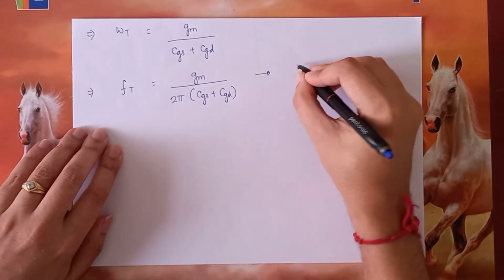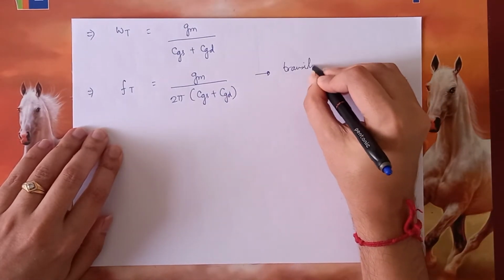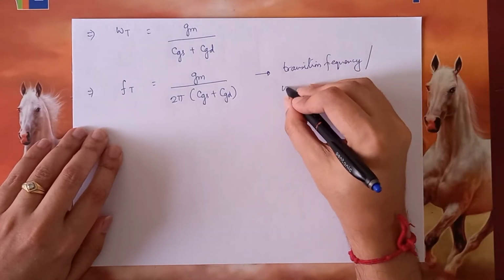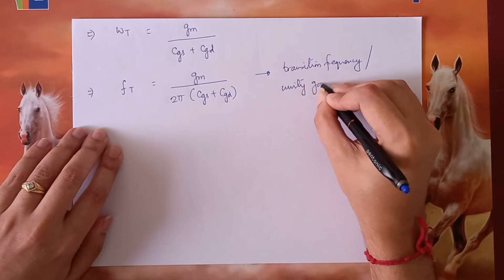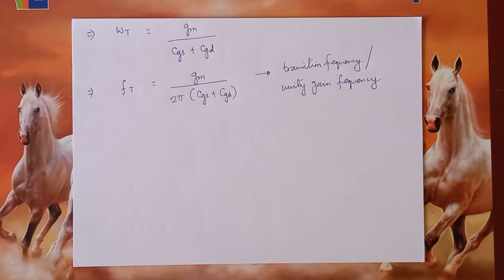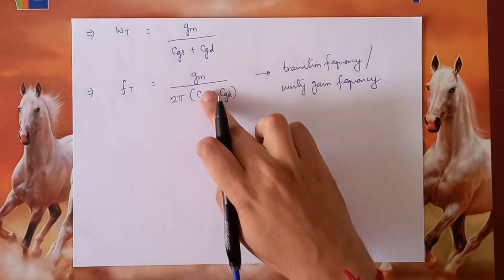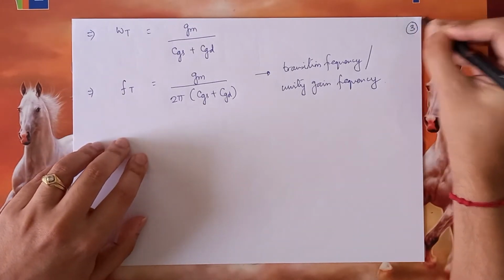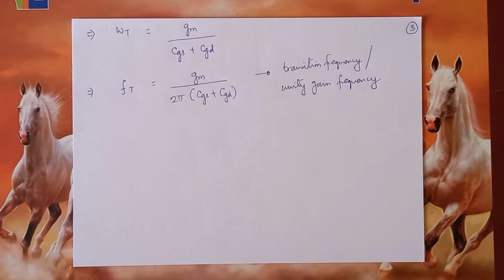This is called the transition frequency, also called the unity gain frequency. So if you know the transconductance of this transistor, and also you know the gate to source and the gate to drain capacitances of the MOS transistor that you're working with, you can calculate the unity gain bandwidth quite easily.